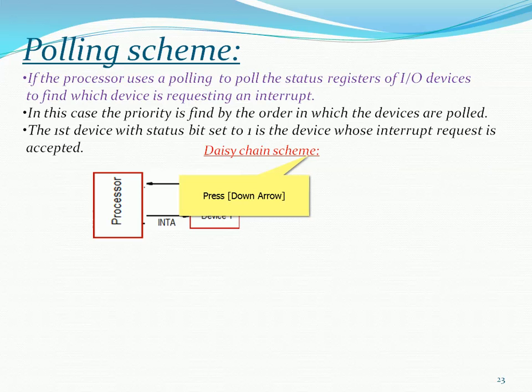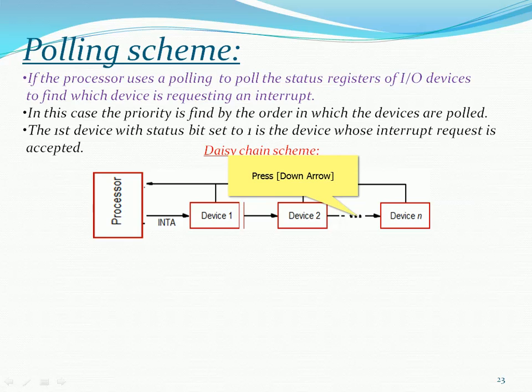Device 1 is connected to the processor, device 2 is connected to the processor, device N is connected to the processor.